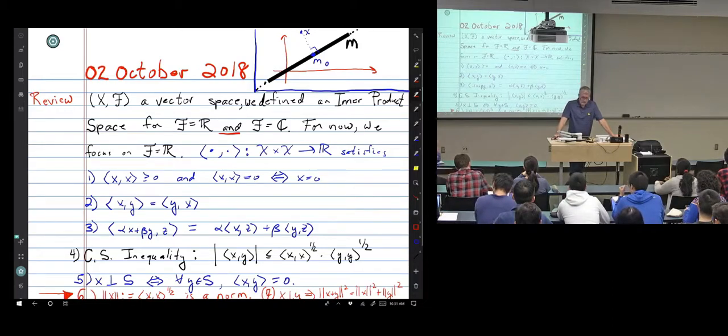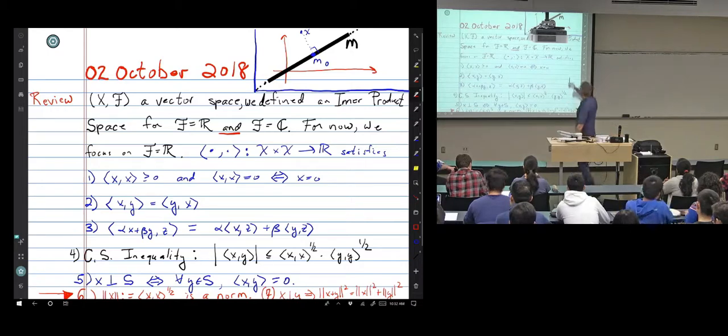So in general, M will be constructed from measurements. X is an unknown, and we're trying to come up with our best approximation of X based upon the measurements. And we will define best in terms of minimizing the error between X and its approximation M0.